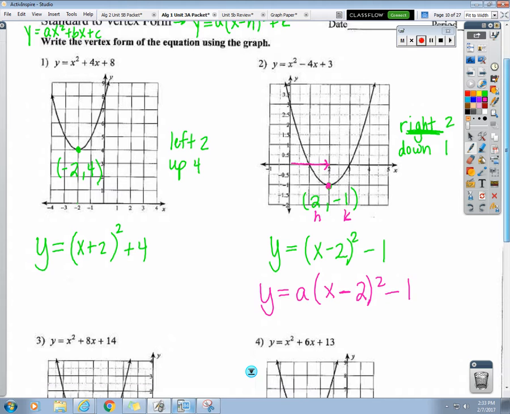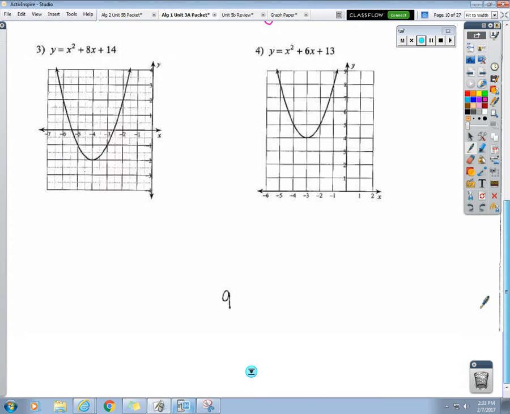Okay, so let's try number 3. Y equals, to get to this vertex, what would you have to do? Left 4, down 2. Okay, so that would create the point negative 4, negative 2, right? So that's your vertex, which is known as your h and k.